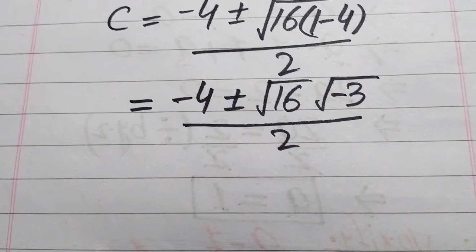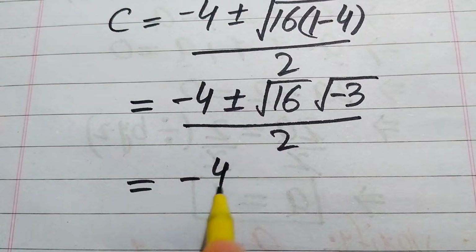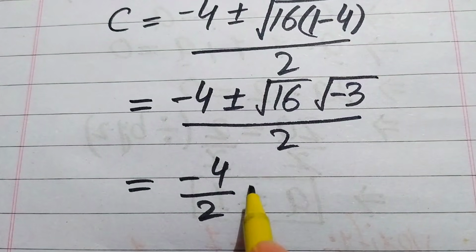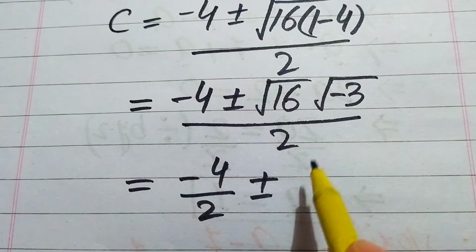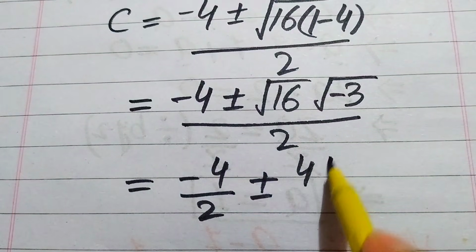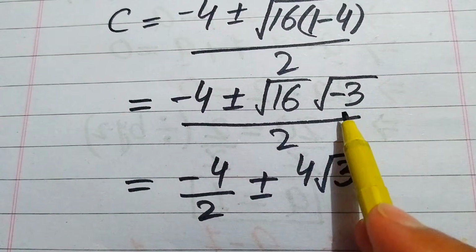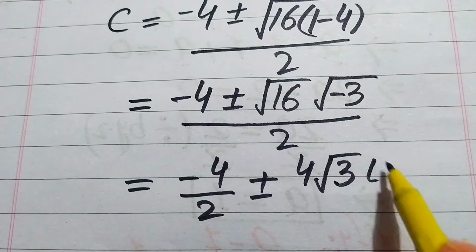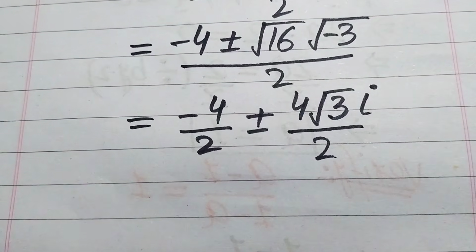And now in the next step we need to break this fraction, and when we break this fraction we get minus 4 divided by 2 plus minus. Here you know that square root of 16 becomes 4 times square root of 3, and you know that when a negative sign appears inside the square root sign it becomes iota, and this is divided by 2.